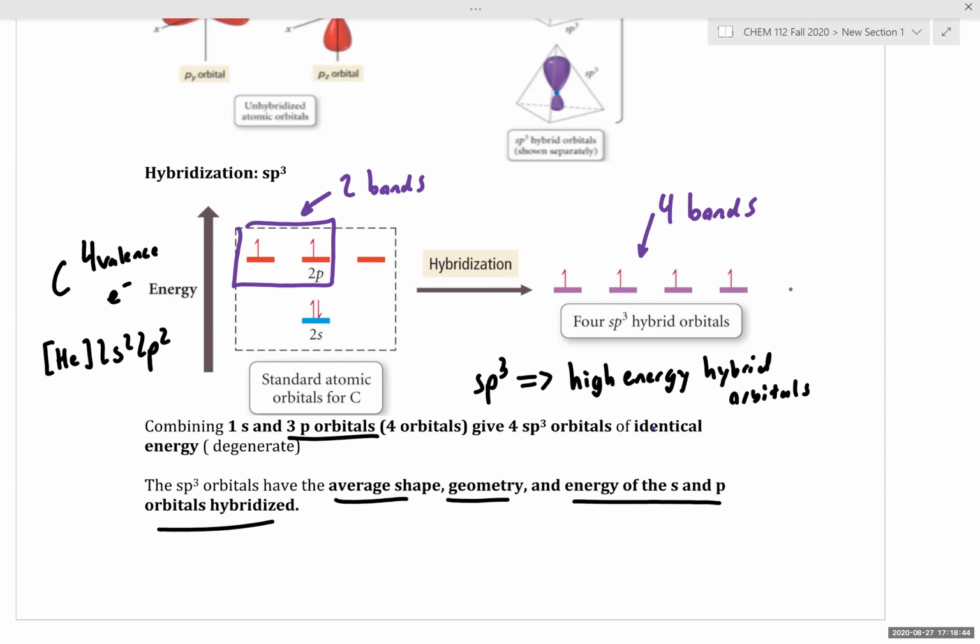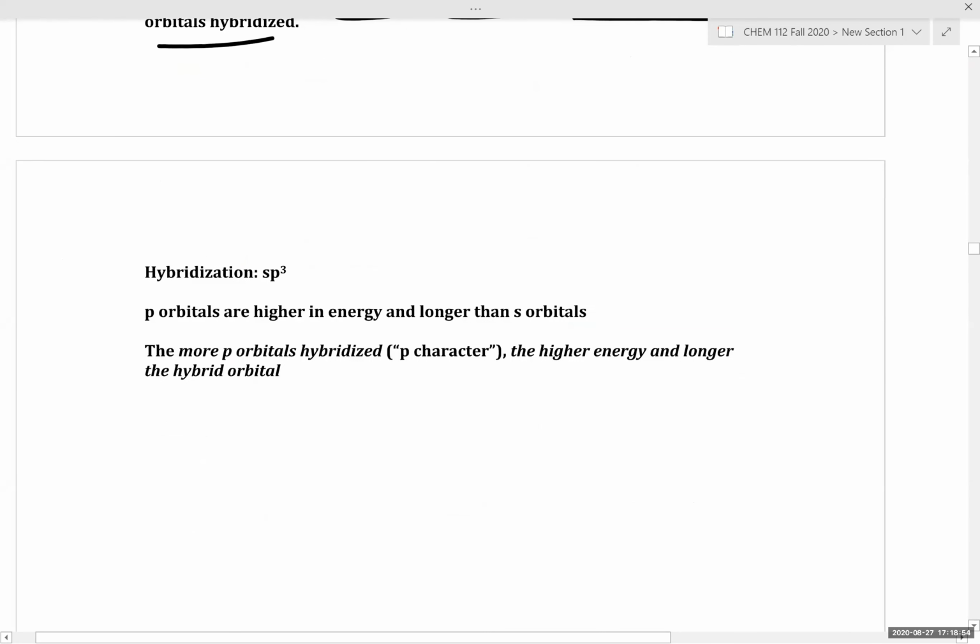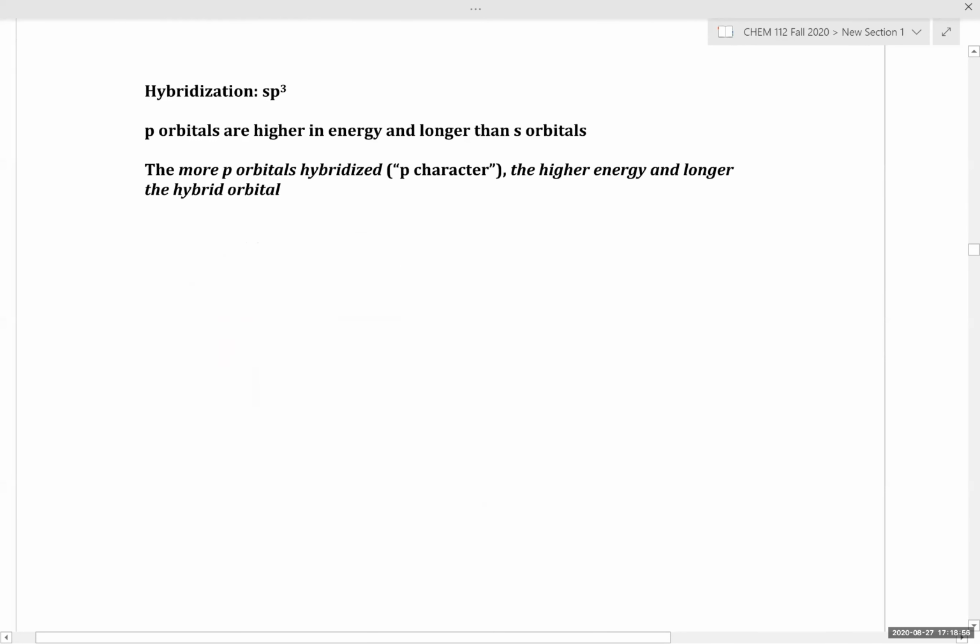So let's look at some examples for the sp3 hybridization. So let's look at how we can represent the sp3 hybridization. So first and foremost, for the sp3 hybridization, as p orbitals are higher in energy and longer than s orbitals, the more p orbitals that we have hybridized, the higher in energy and the longer your hybrid orbital will be.